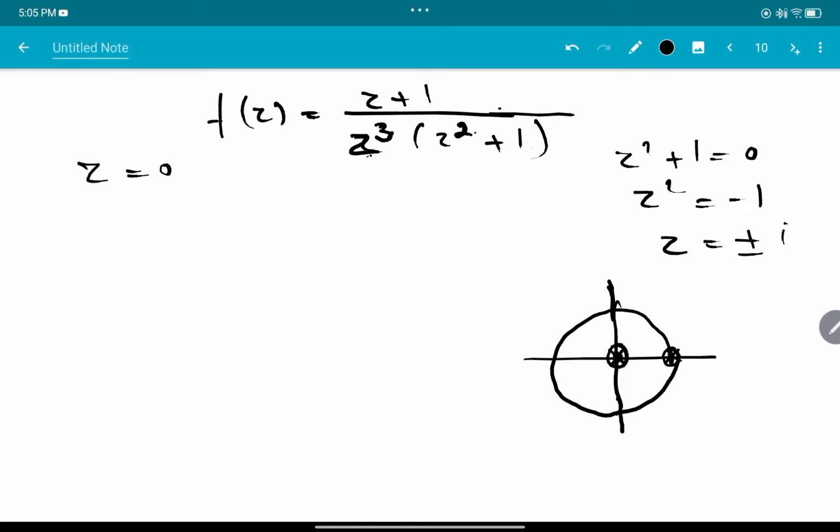Laurent series that allows it. Now, using Laurent series, I have to expand it in terms of Laurent series. But for Laurent series, again, I won't directly use Laurent series. Rather, once again, I will take advantage of geometric series. So I will do this thing. I will write f(z) is equal to (z plus 1) divided by z cube.